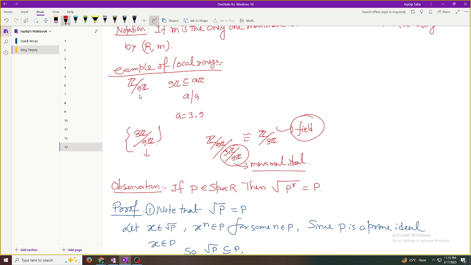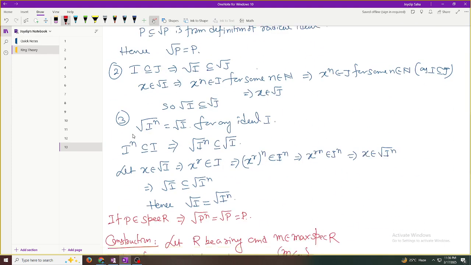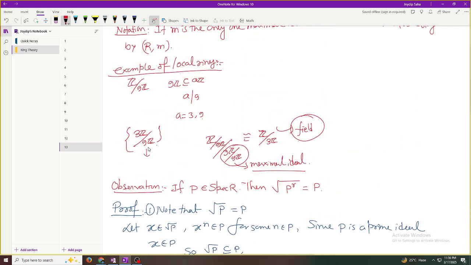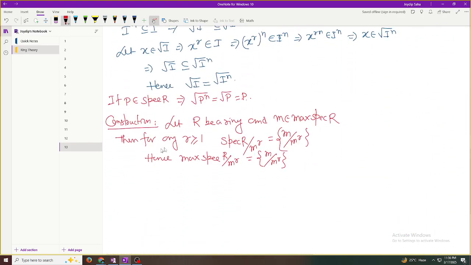Now you take 3 squared. It is the general result, M to the power r. There is 3Z mod 9Z, and here it is R mod M to the power r is M mod M to the power r.